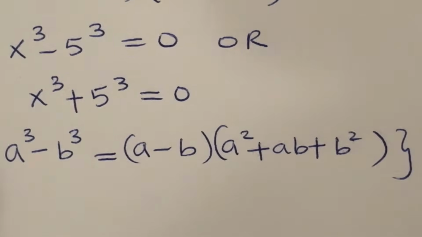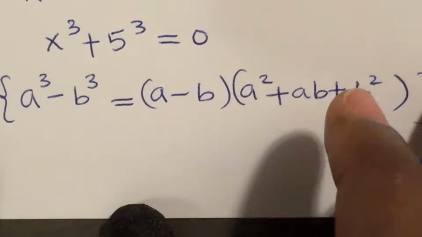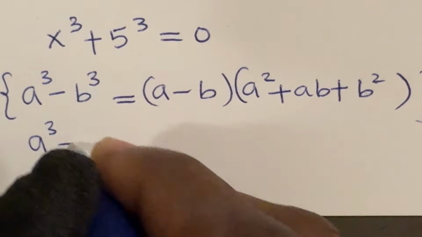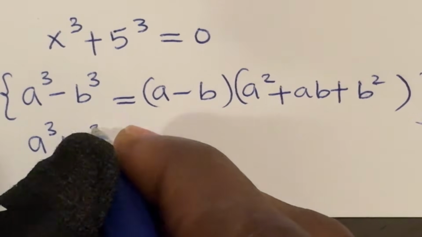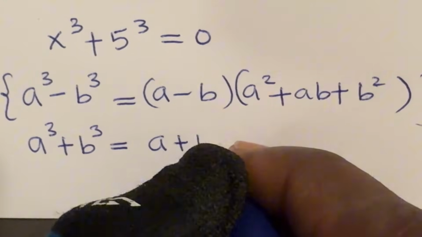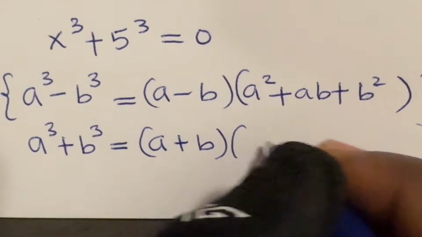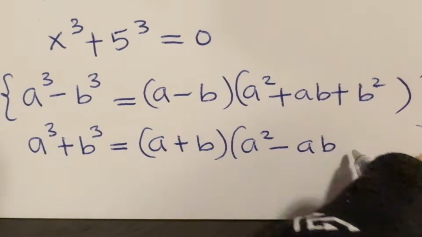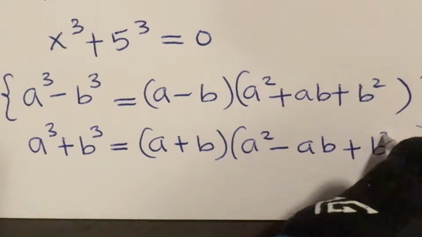And the second one also, which is in the form a cubed plus b cubed, can be expressed as a plus b times a squared minus ab plus b squared.